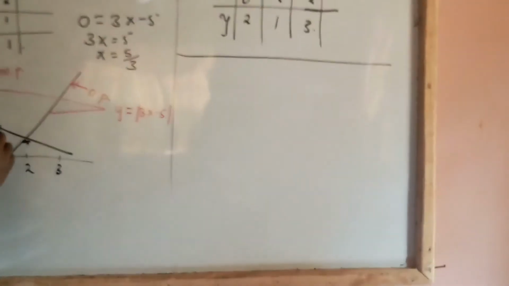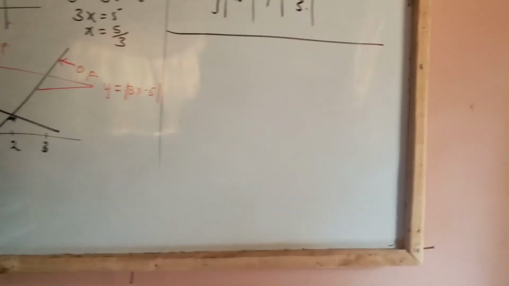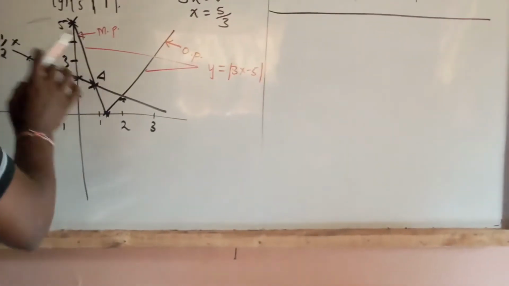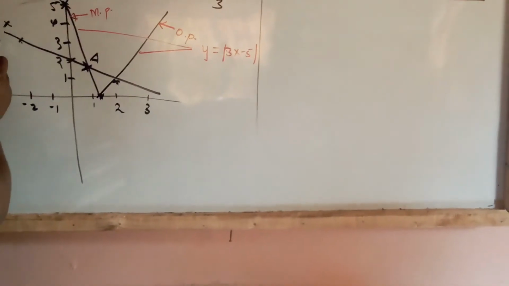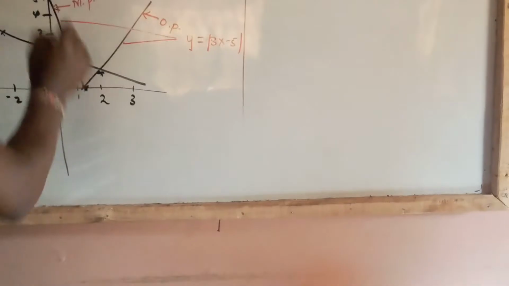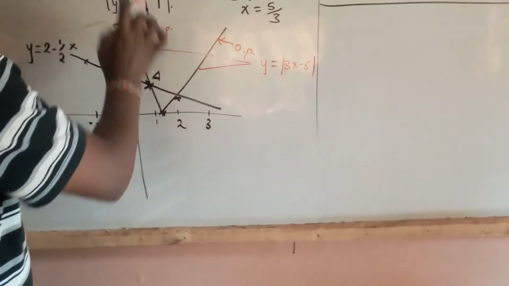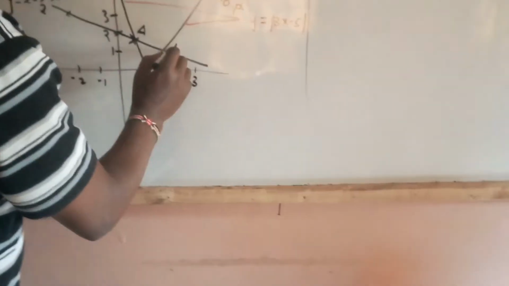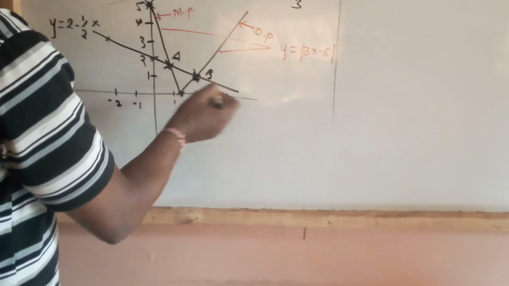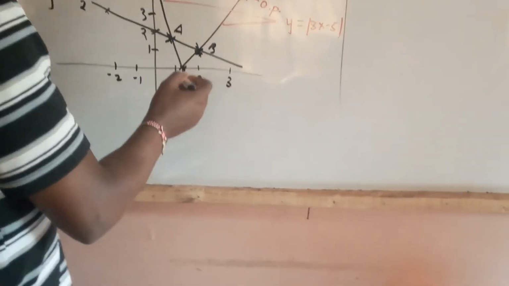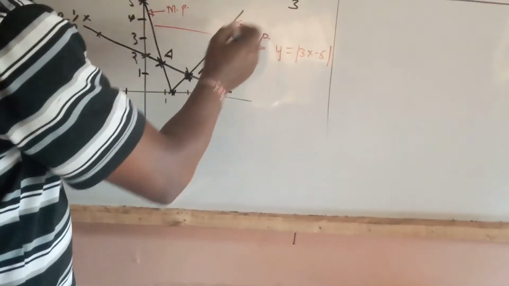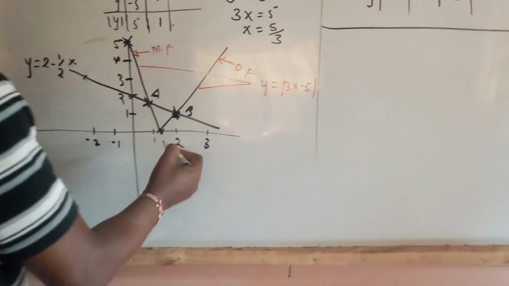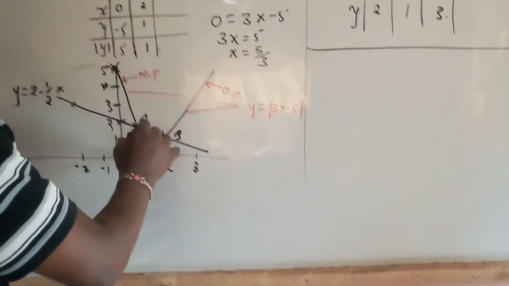You can see at point A, the two graphs meet: the graph y = 2 - (1/2)x and the modulus part. So we are going to effect this part with the negativity. At point B, the two graphs meet at the original part, the positive part, before it was reflected. This part is after it was reflected.